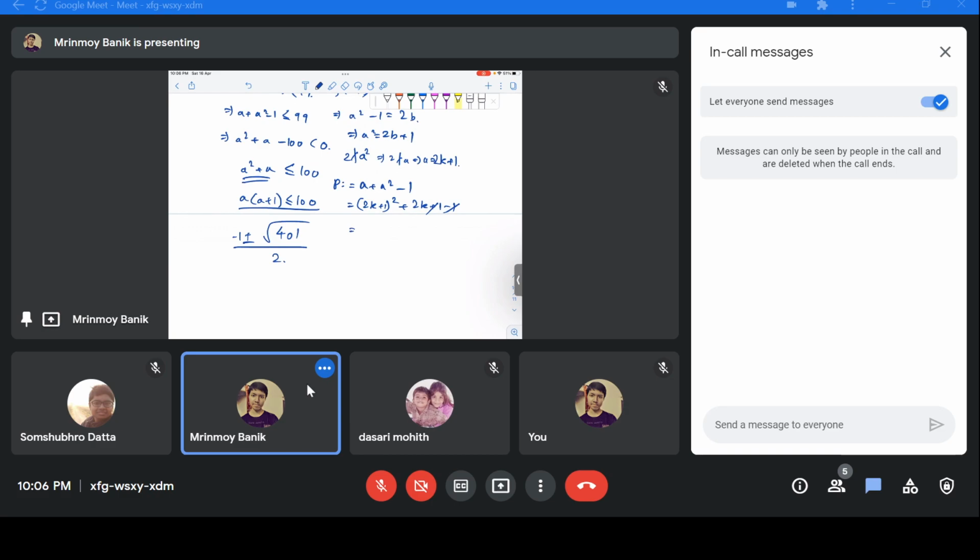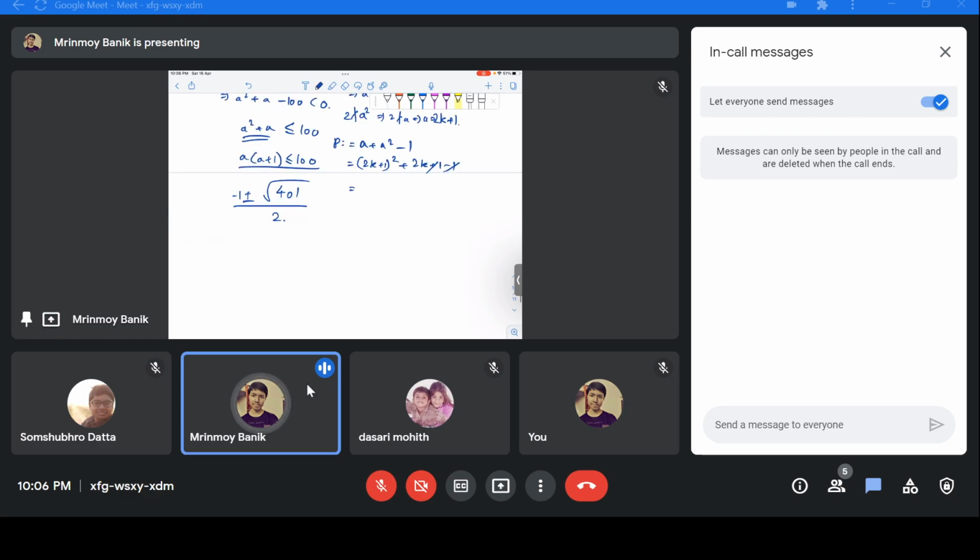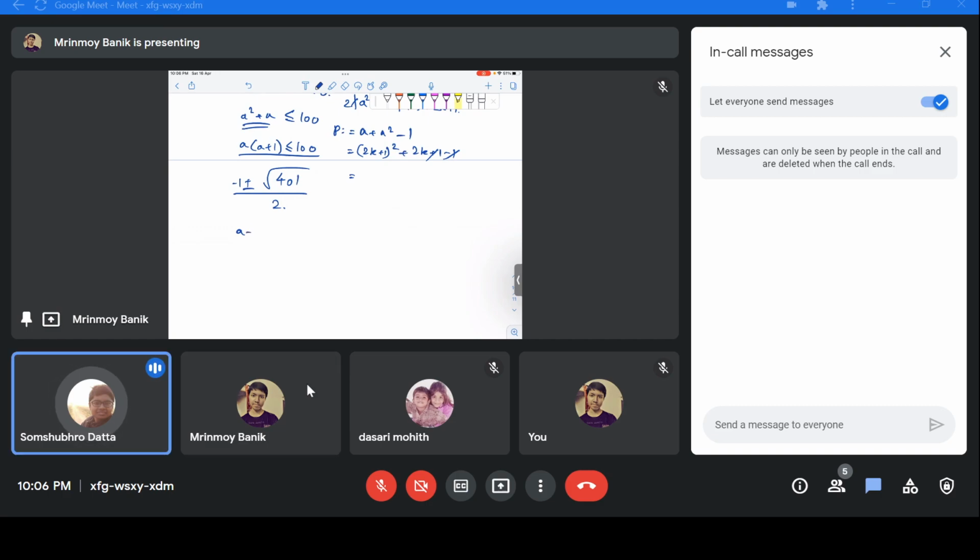Just a minute. So I mean 9. It's near about root over 19 by 2, so 9.5, so less than or equal to 9.